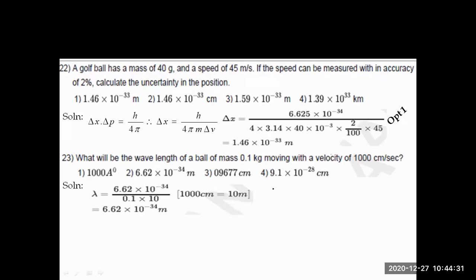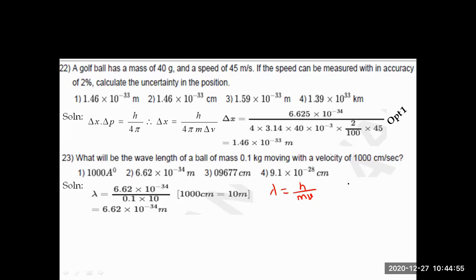So the de Broglie equation, lambda is equal to h divided by m into v. 6.625 or 6.62 into 10 raised to minus 34, no problem, divided by mass 0.1 kg, and this 1000 centimeter should be converted to meter in SI unit.